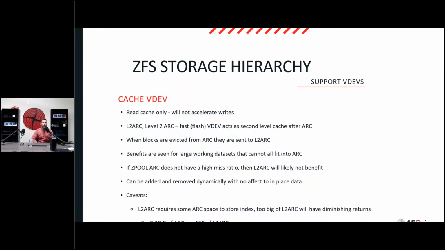An L2 ARC requires some ARC space to store the index, which is one of those reasons why you should add more RAM before you go into getting an L2 ARC. So with it using a certain amount, you can have diminishing returns, and the ballpark average is 3 gigabytes of ARC per 1 terabyte of L2 ARC.